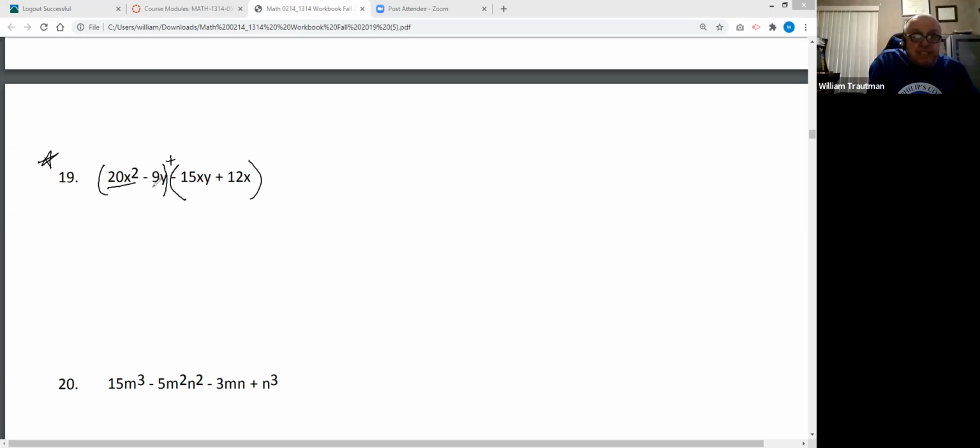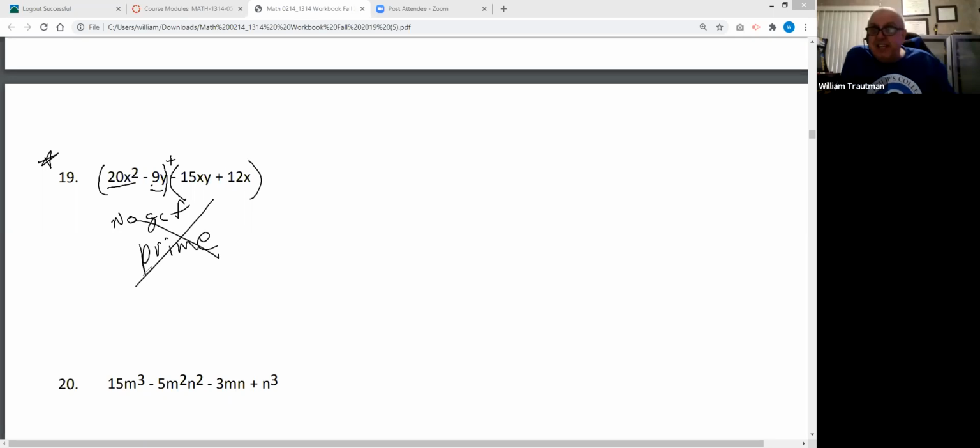Factor out the GCF. 20 and 9. There is no GCF. So my first response would be, it's prime. But if you type that into the homework, or you look in the back of the book, that's not correct.